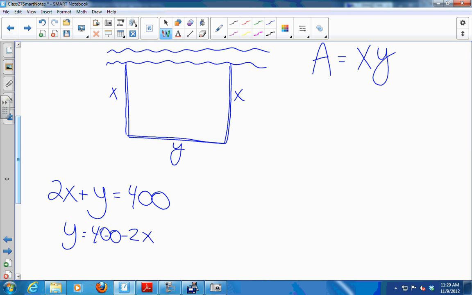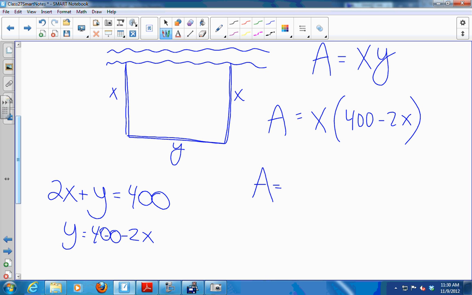And then I could make a substitution into my area formula. So area is going to be x times, instead of y, put 400 minus 2x. So the area of my corral is a function of the length of one of the sides.